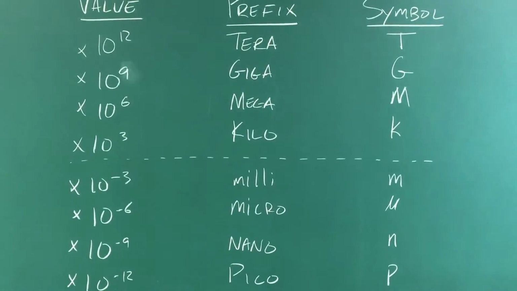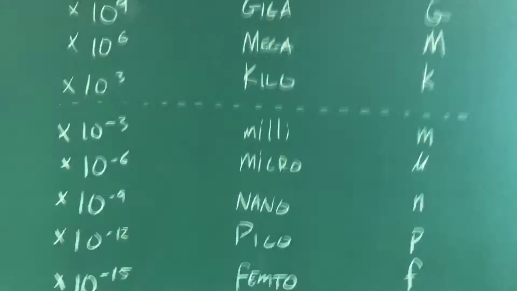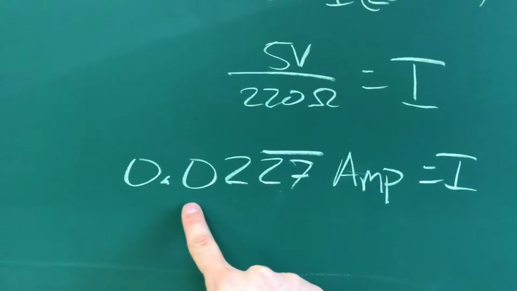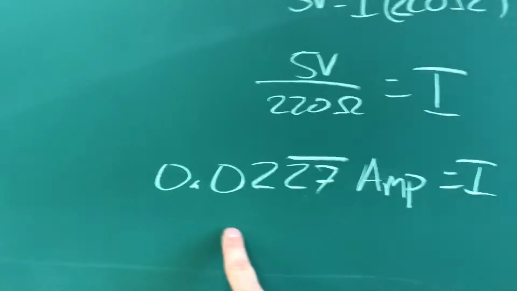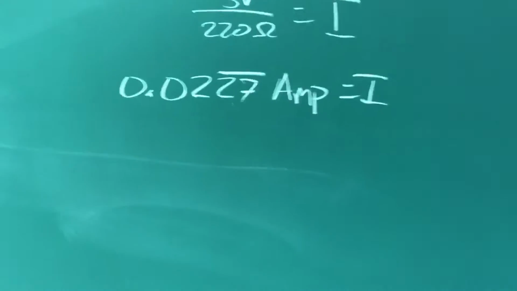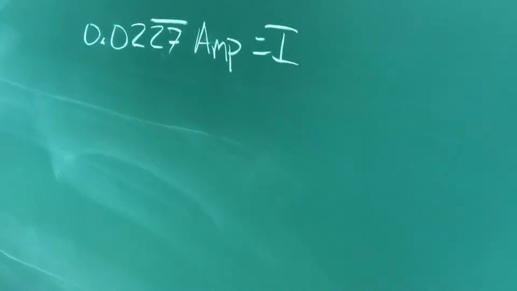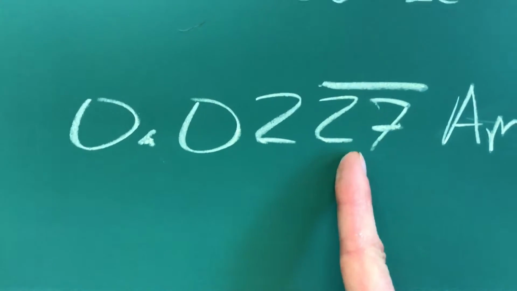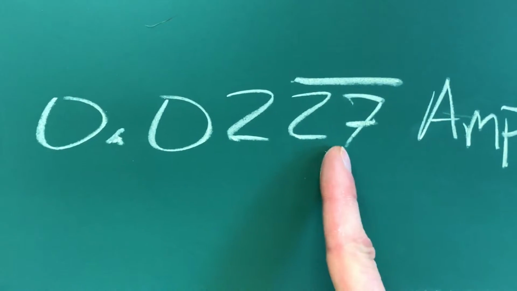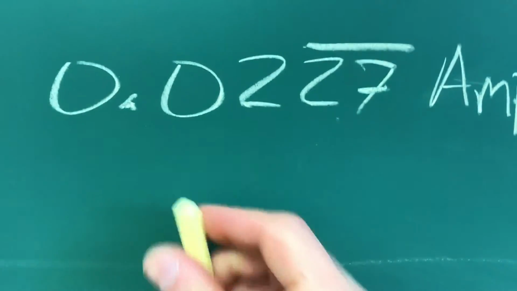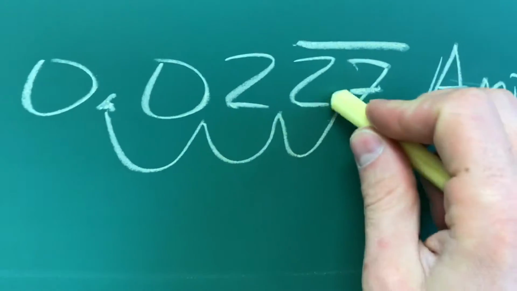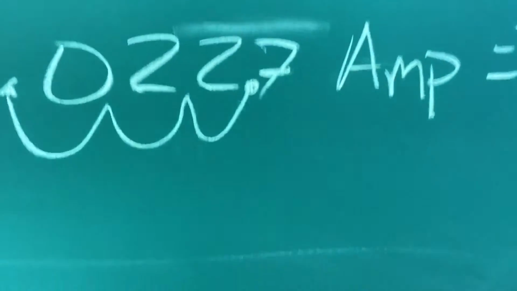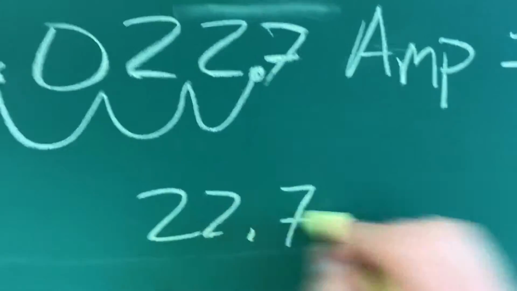So pico up. If we go back to the number we're at, 0.0227 amps, we want to move the decimal place to a number that we can actually use. So let's move the decimal place right here. We can only go in groups of 3 with engineering notation, so we go 1, 2, 3. So we have 22.7.